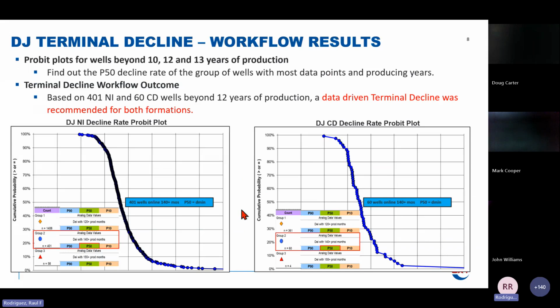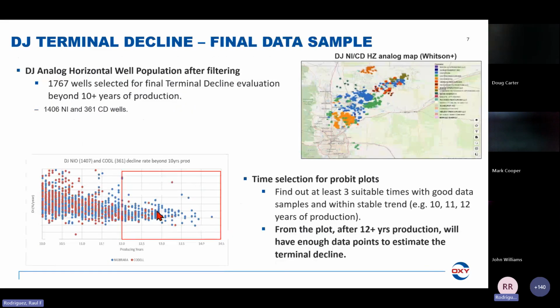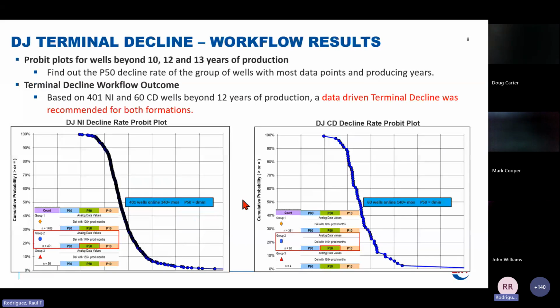The objective at the end is to use those data samples to estimate the terminal decline. We can use that as a probit plot. We're going to estimate the P50 from these sample wells. So at the end, you can see the table of cumulative probability against the decline rate here on the x-axis.